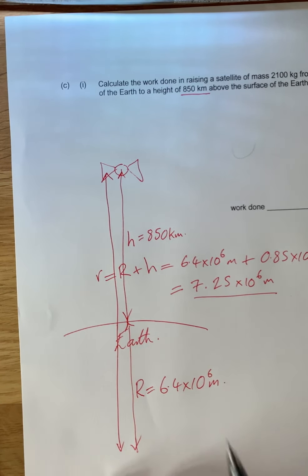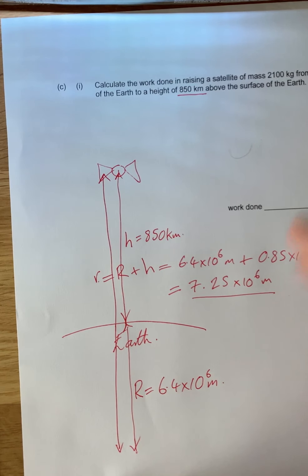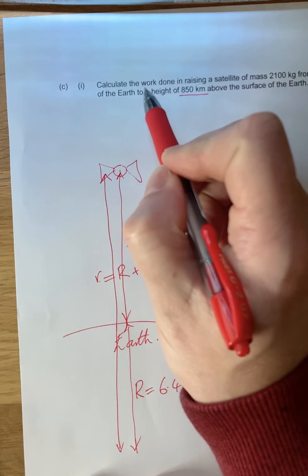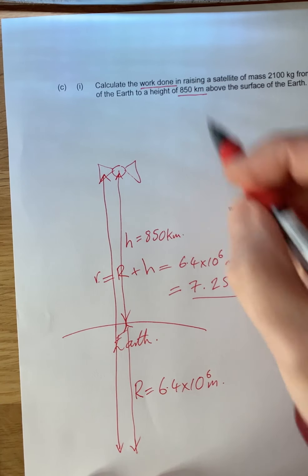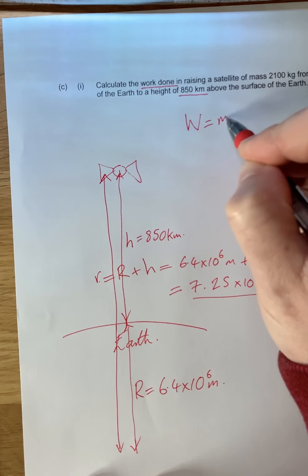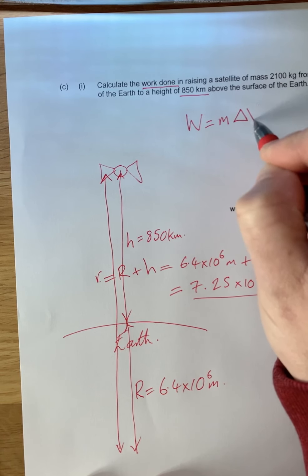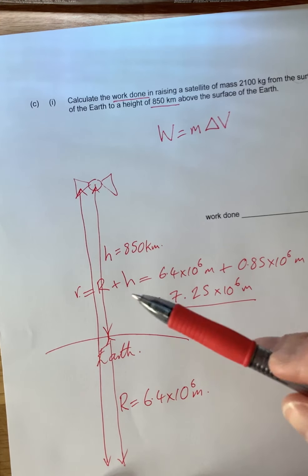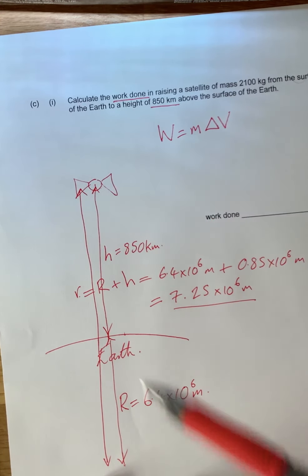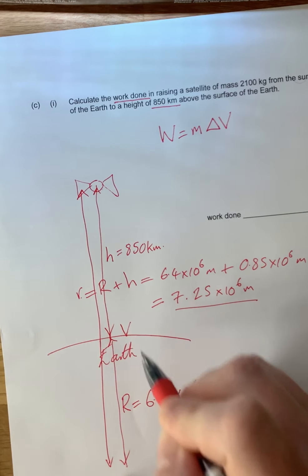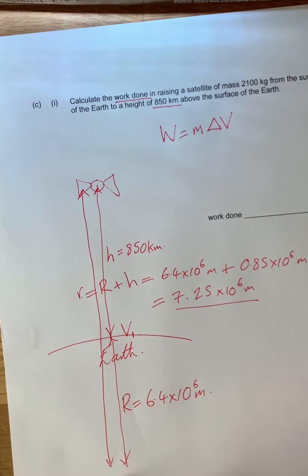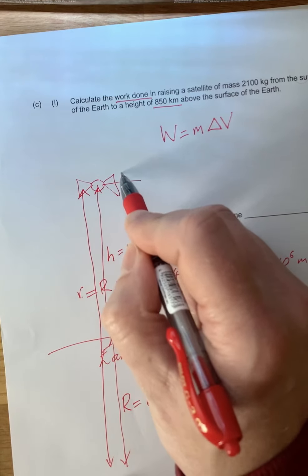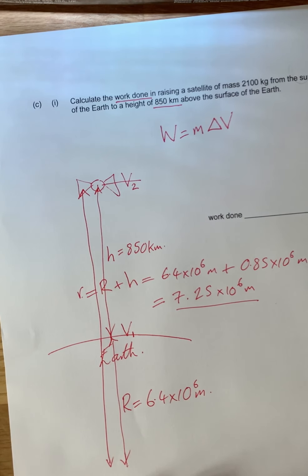Okay, so that's R. And then what we need to do is work out the work done. The work done is equal to the mass of the object times the potential difference it's moved from and to. So we need to know the value of the potential at the surface, I'll call that V1, and then we need to know the value of the potential at V2.